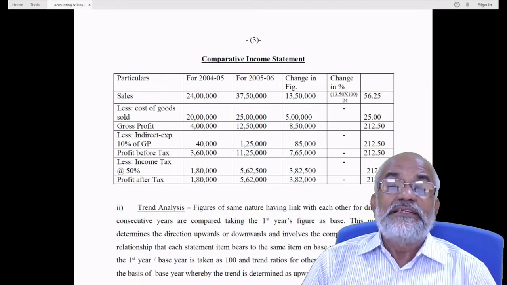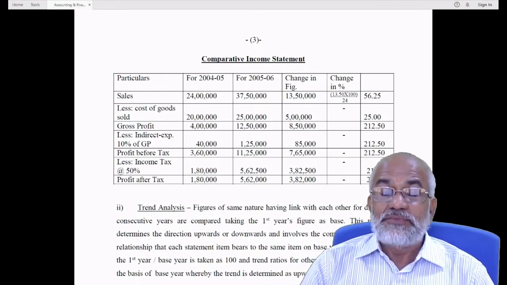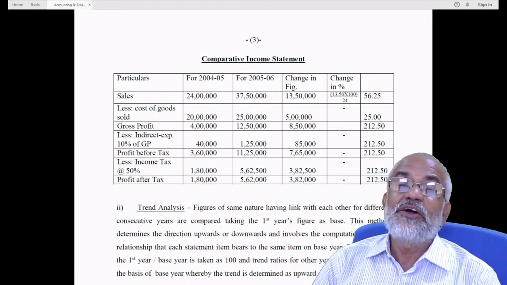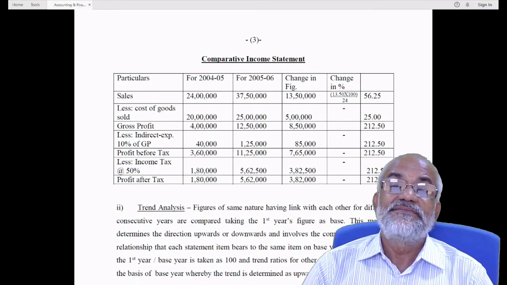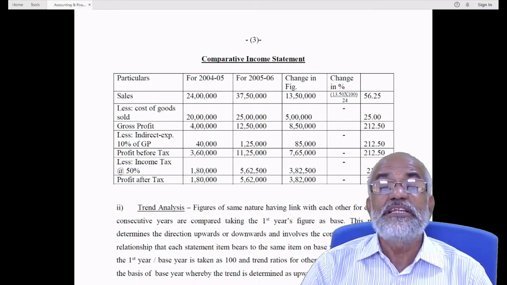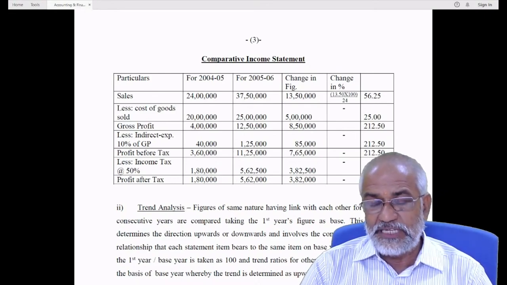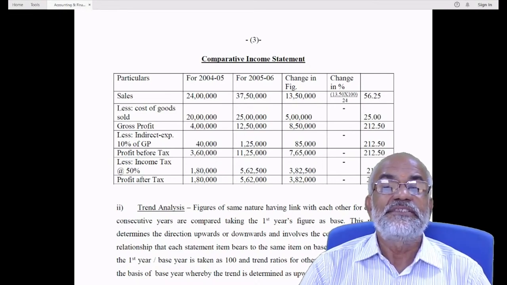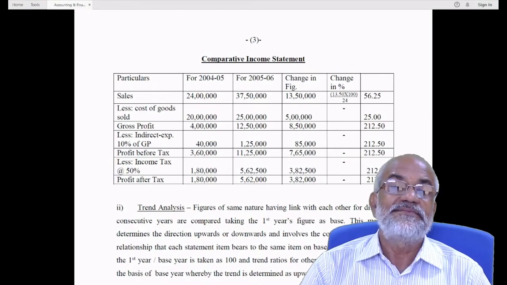So when we calculate the absolute change in figures of profit before tax, it is coming 7,65,000. When that is put under percentage, it is also coming as 212.50%. That is the profit before tax.